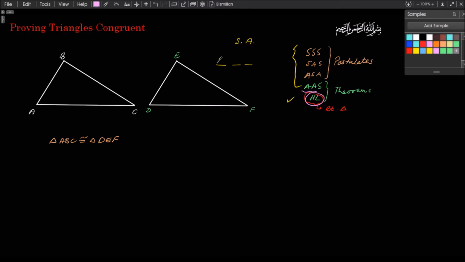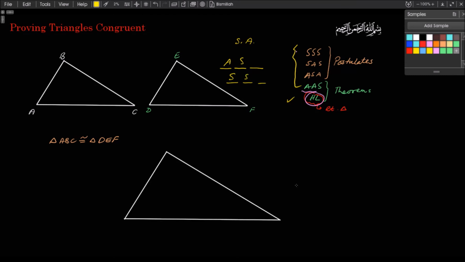So you have side, angle, side; angle, side, angle; but you don't have the other combinations.